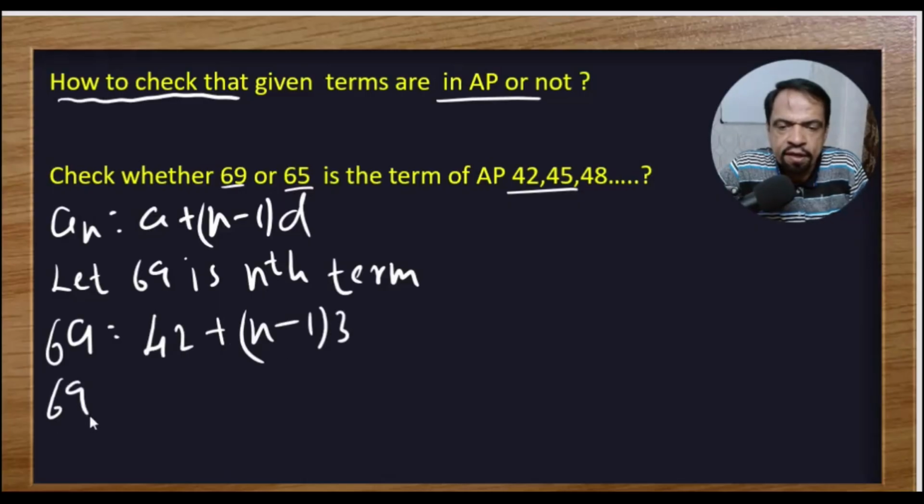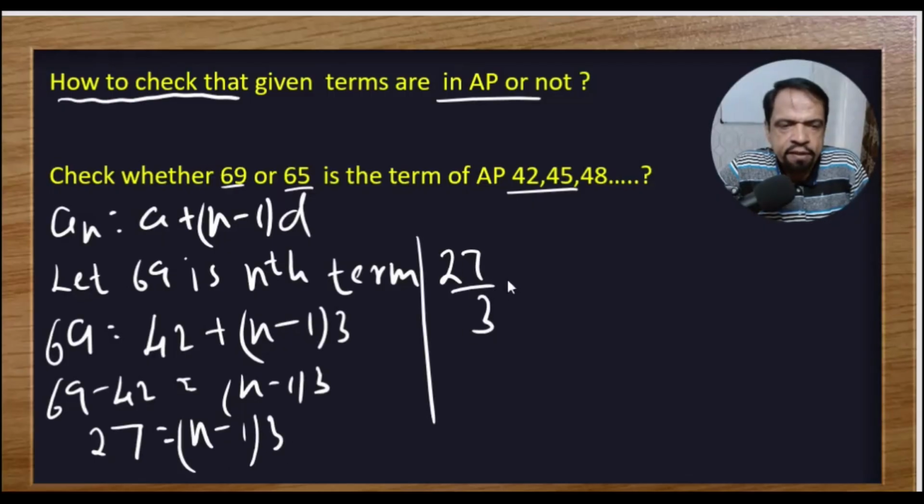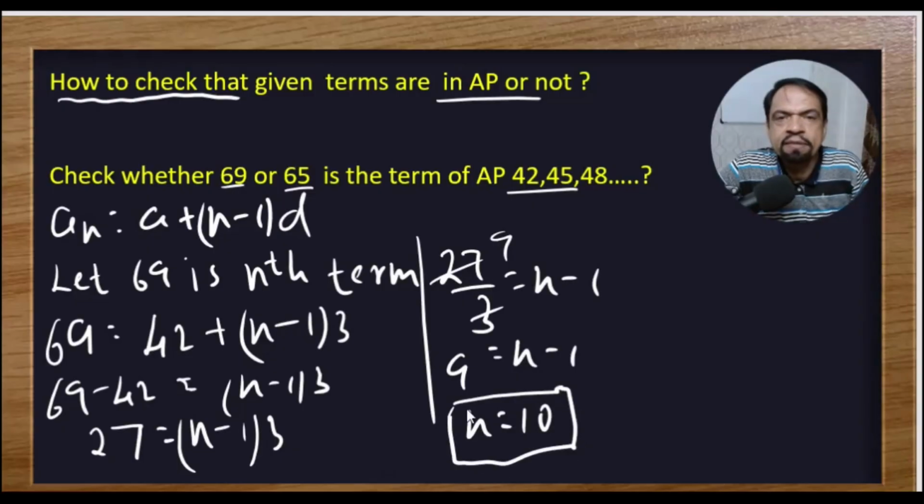So 69 minus 42 is equal to n minus 1 into 3. 27 upon 3 is equal to n minus 1. So it is 9, n is equal to 10. See, n is equal to 10. n means the number of terms, which should be a natural number. So 10 is a natural number. So it means 69 is the 10th term of this AP. So 69 is a part of this AP.